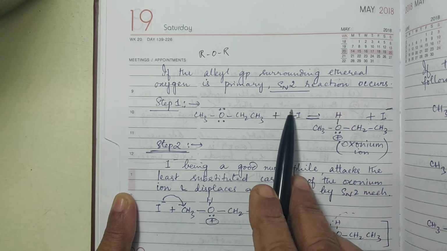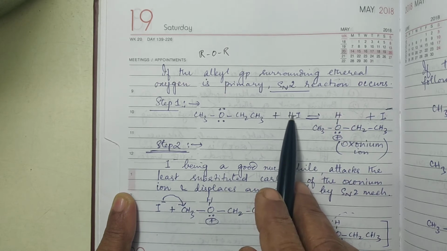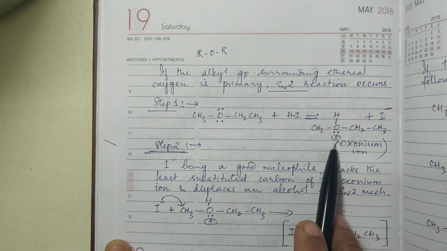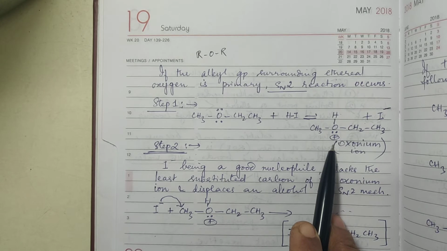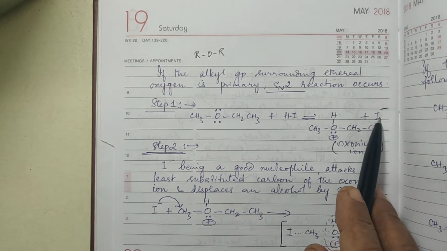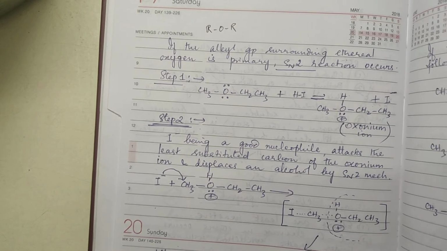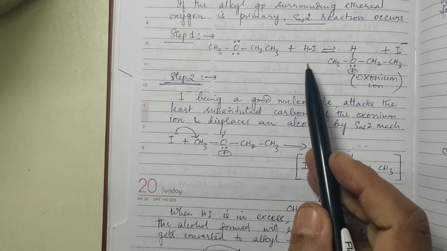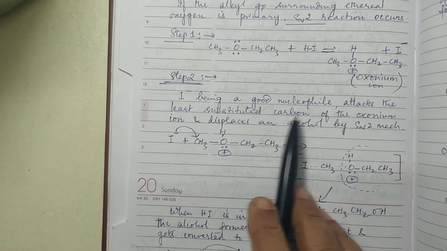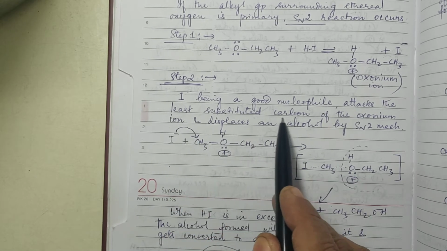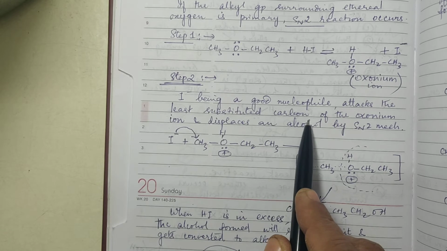That is, the H plus from HI gets attached to oxygen through the lone pair of electrons. So you will get an oxonium ion plus I minus. In step 2, this I minus, being a good nucleophile, attacks the least substituted carbon of the oxonium ion.